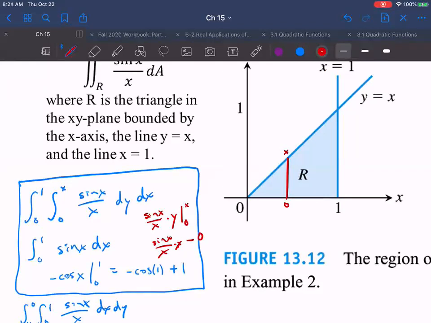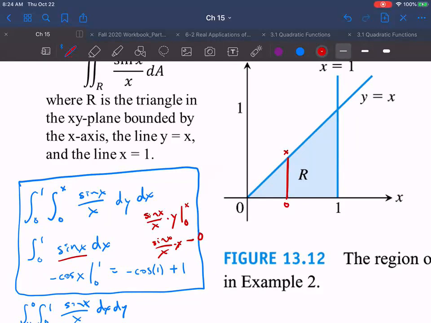So you end up actually just reducing down purely to sine of x. And that integral is then pretty easy. The integral of sine x is negative cosine x. And then you do that from 0 to 1, and you end up with, I didn't plug it into a calculator, negative cosine of 1 plus 1 is what you end up with right there. And so you can actually get an answer.